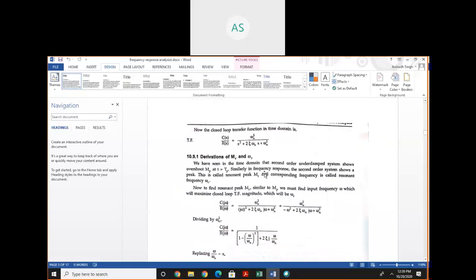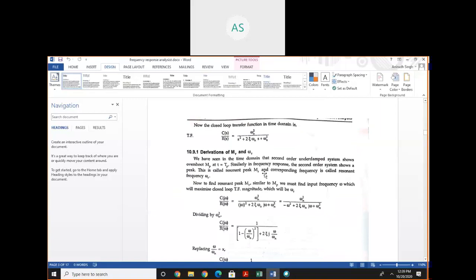Now the closed loop transfer function in time domain is given by this. In time domain, we calculate the rise time, peak time, peak overshoot Mp, and settling time.